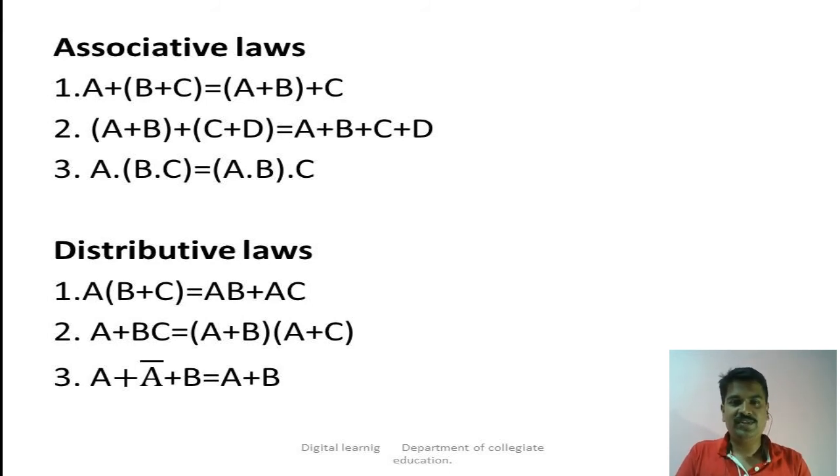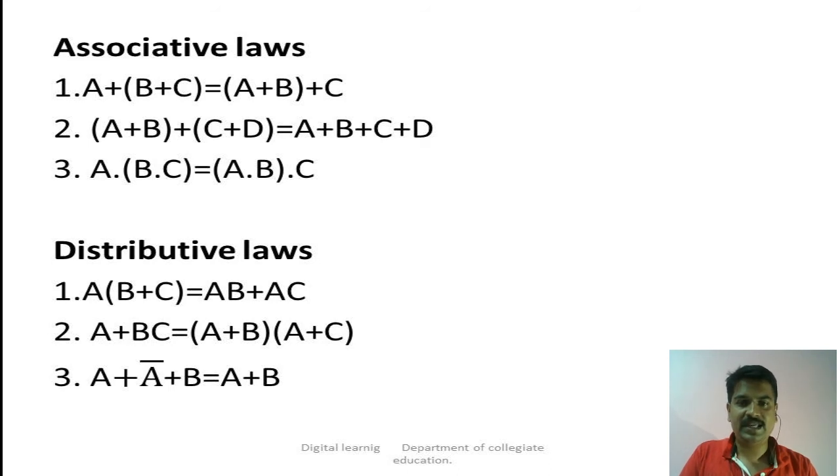And we move on to another well-known law, which is the distributive law. It is A(B plus C) is equal to AB plus AC. And A plus BC is equal to (A plus B) into (A plus C).